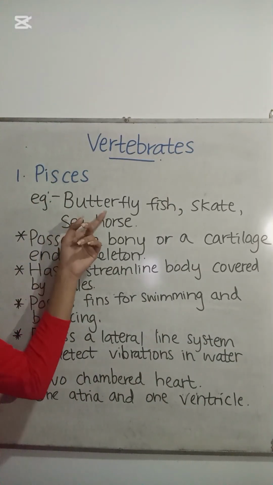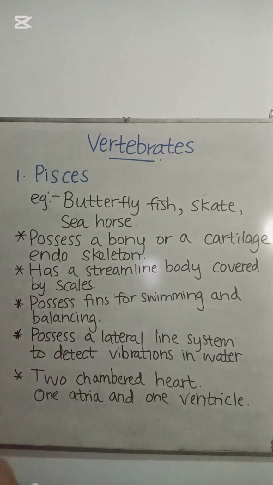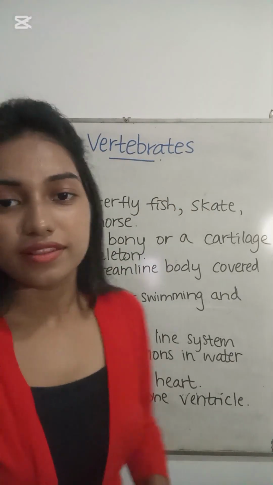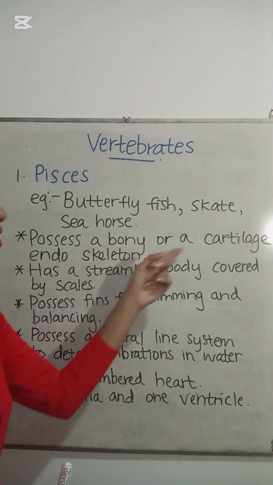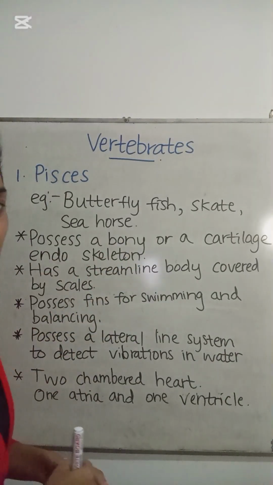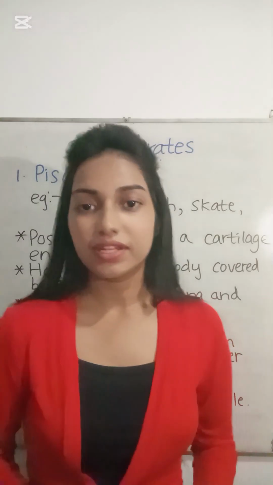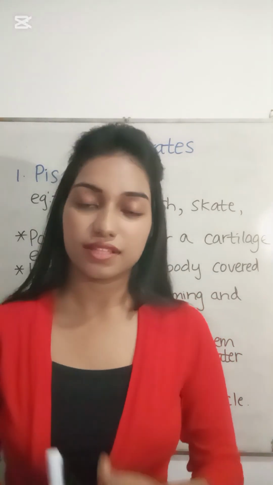Example: butterfly fish, skate and seahorse. Remember children, the organisms belonging to this group are fish, right? They possess a bony or a cartilage endoskeleton. Fishes normally have an endoskeleton, that means the skeleton is present inside their body.